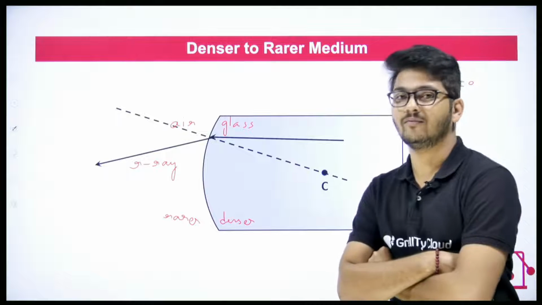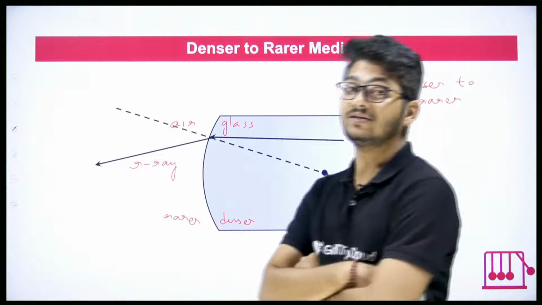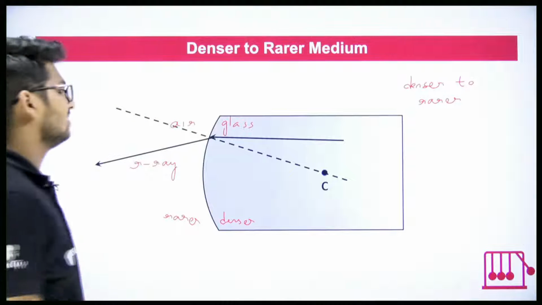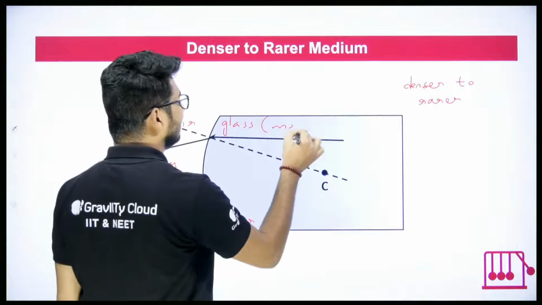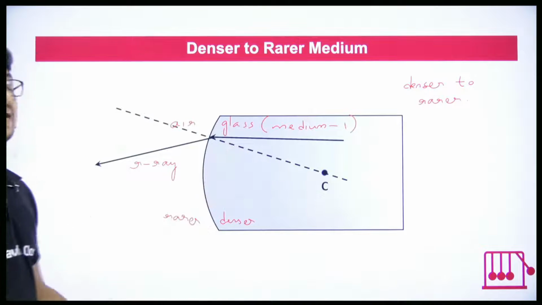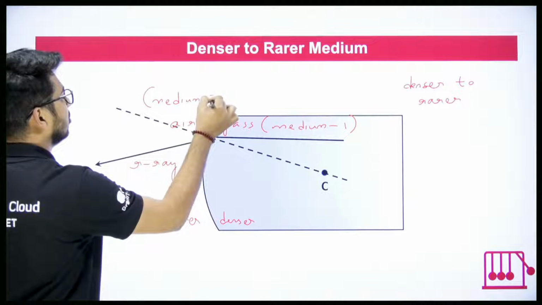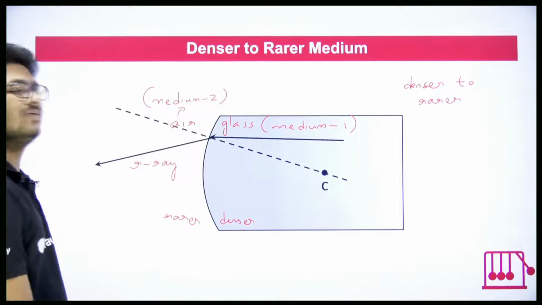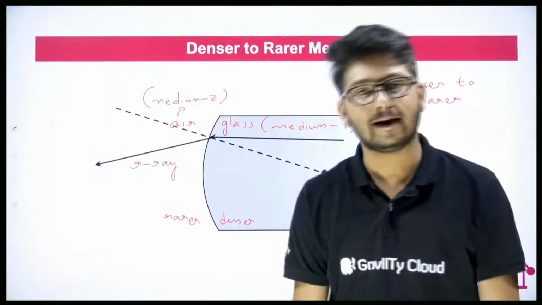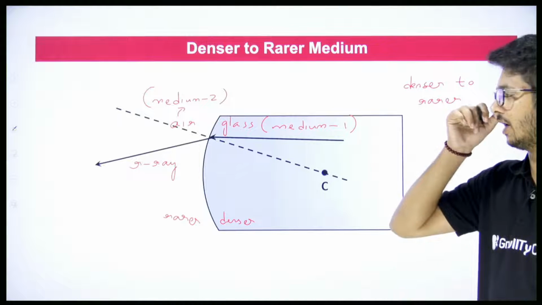The correct answer is glass is medium 1. What is medium 1? Medium 1 is the medium in which there is the incident ray. And the incident ray is in glass, so glass is medium 1. The refracted ray is in air, so air is medium 2. Medium 1 and medium 2. Is that clear? Good.